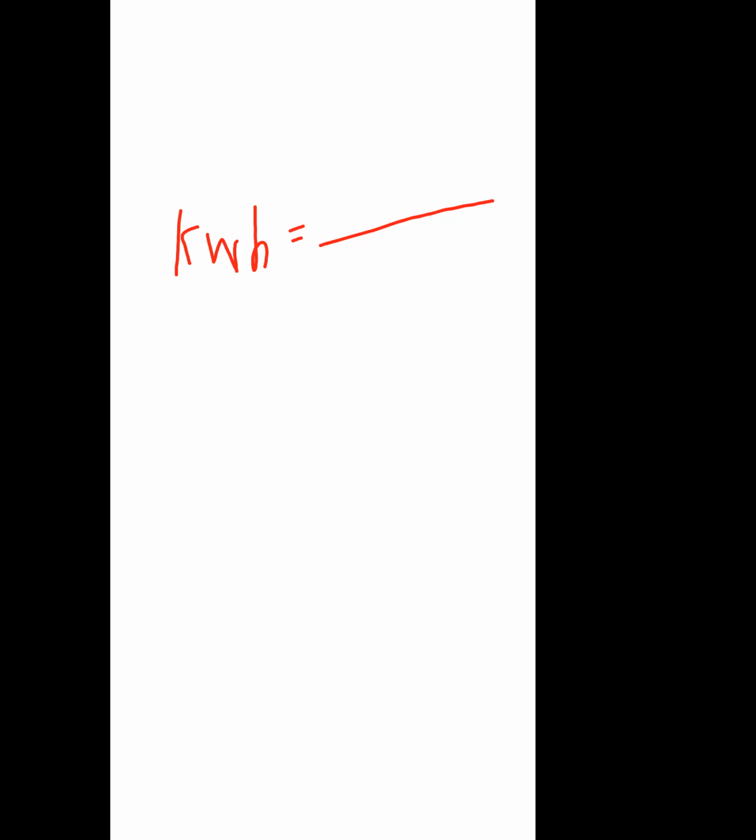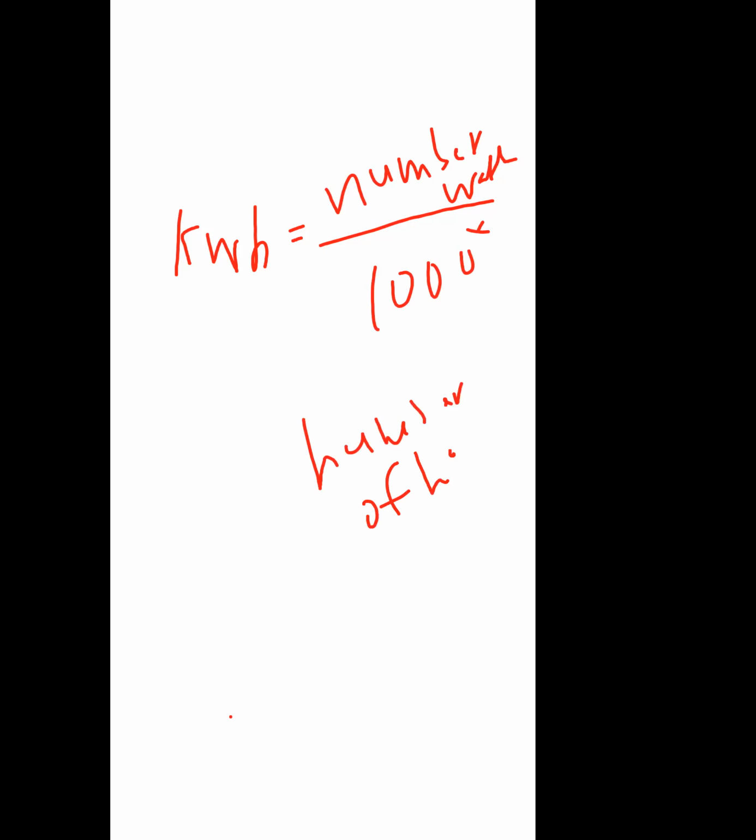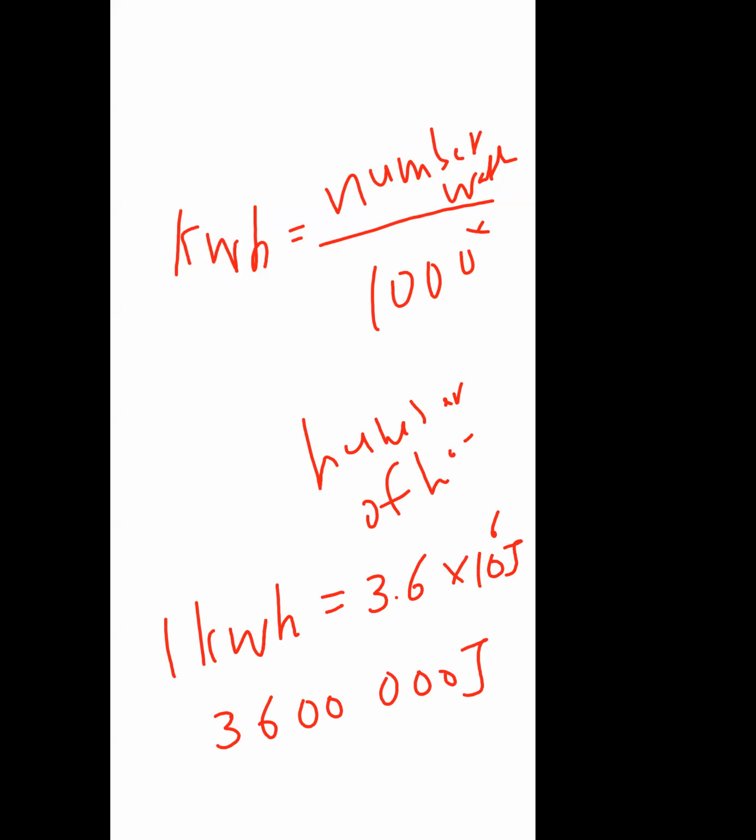Number of watts divided by 1000 times number of hours. So 1 kilowatt hour is equal to 3.6 times 10^6 joules. Okay, this is the thing you can understand.